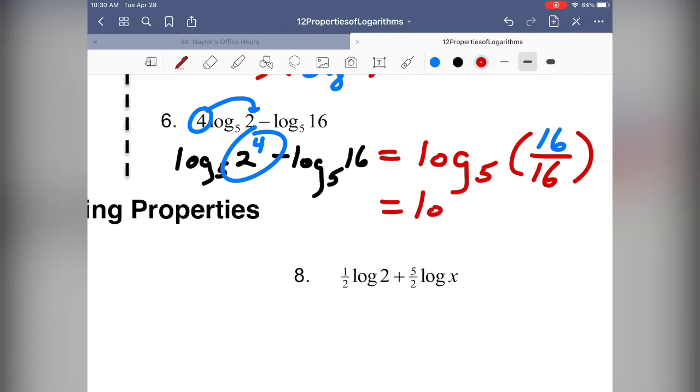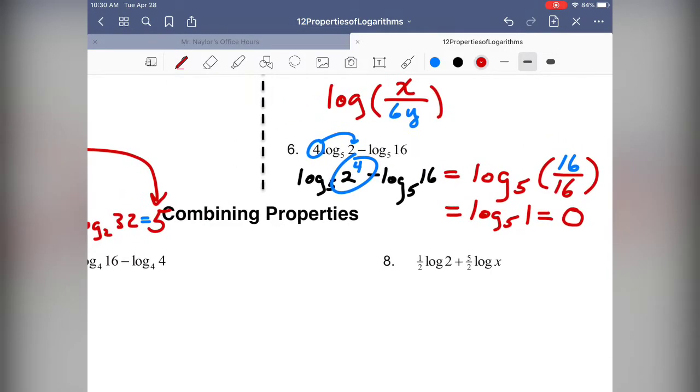Now, you know that when you divide those, you're going to get the number 1. But the interesting thing here is that this is like asking yourself 5 to what power equals 1? Wait a minute, 5 to what power equals 1? Well, that's always going to be 0. So it looks like this problem was able to simplify all the way down to just the number 0.